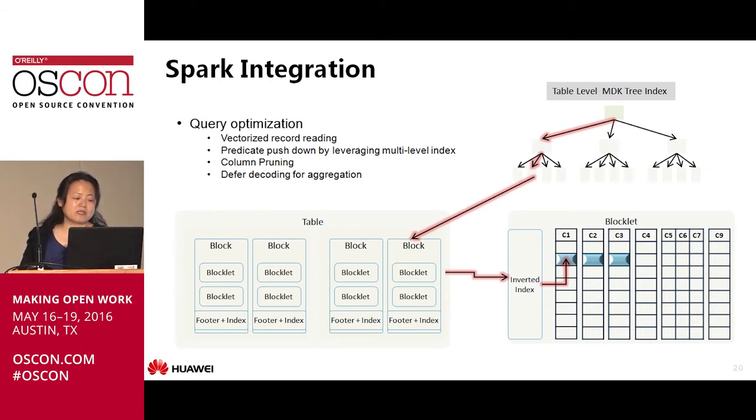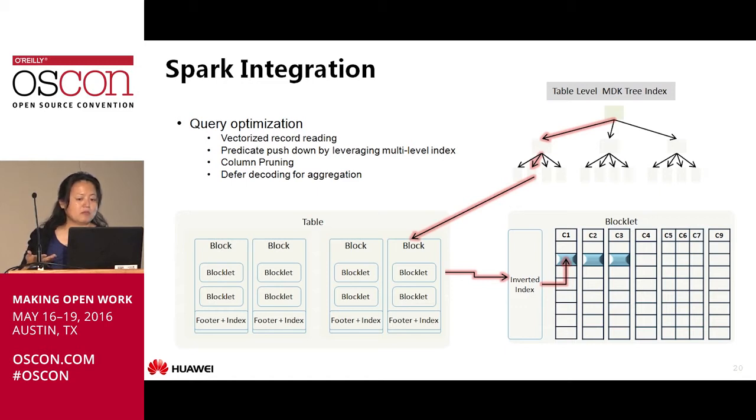Another major optimization we have done is predicate push down. Unlike other columnar formats, we achieve predicate push down by leveraging the multi-level index we introduced in the format. To give you an overview, at the driver side of Spark, you can load the file footer of each file of a carbon table to build a table-level MDK tree index.